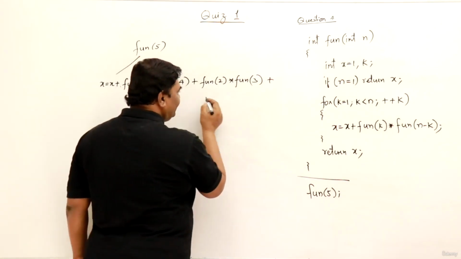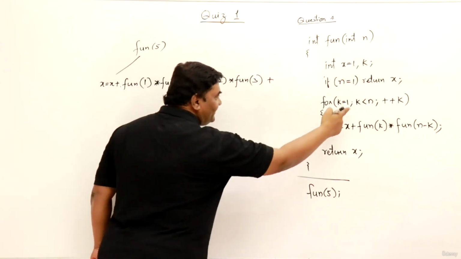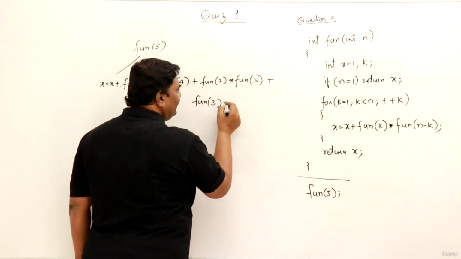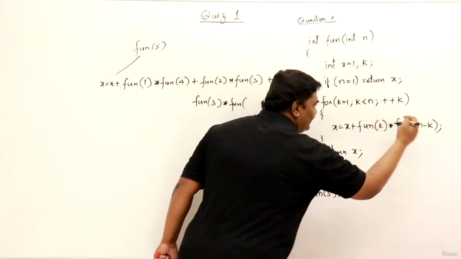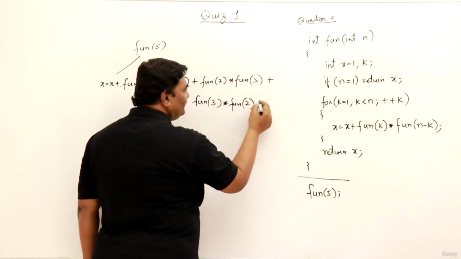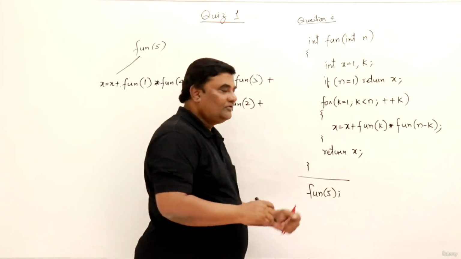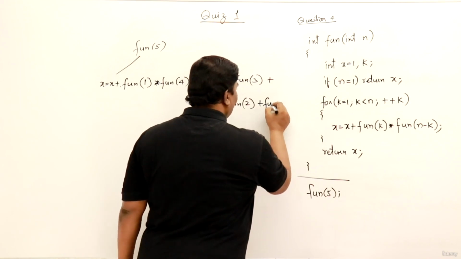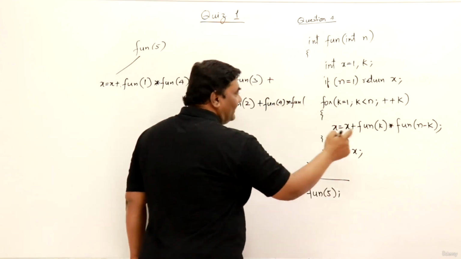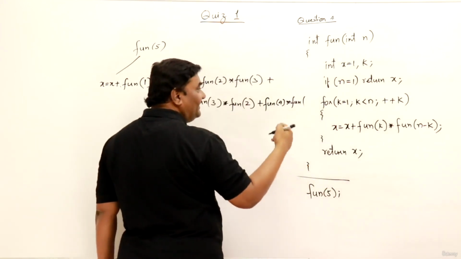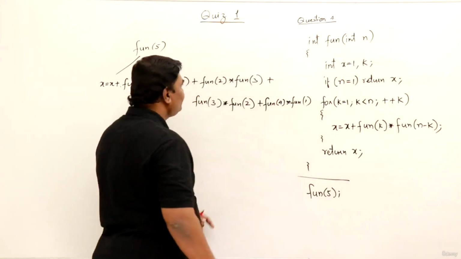So I'll continue here. There is no space. So fun of k will be what? 3. So this is fun of 3 into fun of 5 minus 3, that is 2. Then plus, one more time. Now this time k will be 4. So fun of 4 into fun of n minus k, that is 5 minus 4, it is 1.